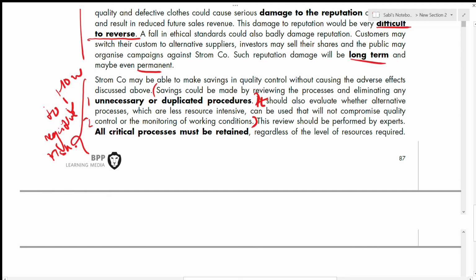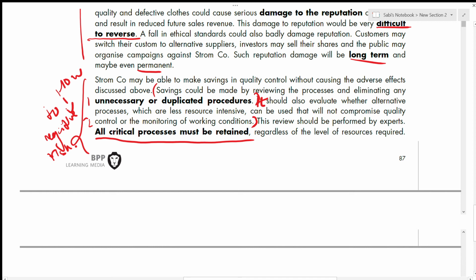This review should be performed by experts. All critical processes must be retained. Whenever you are saying that you can eliminate unnecessary or duplicate procedures in the first one, you cannot eliminate the critical processes. You cannot outsource them to someone, you cannot eliminate them, you cannot even automate them. If it has to be done in-house, it should be done in-house, it should be retained regardless of the level of resources required.